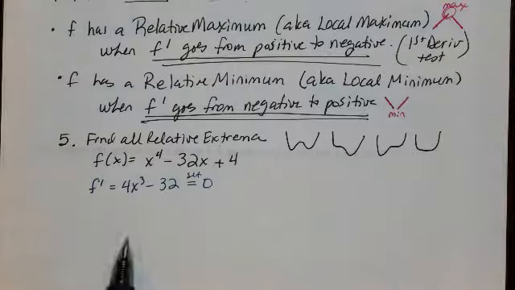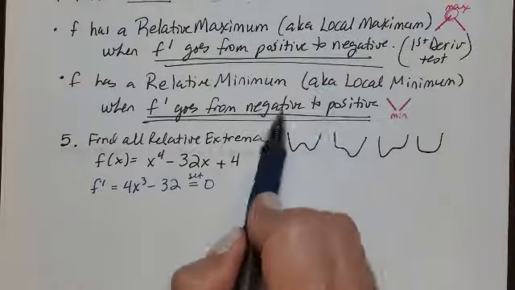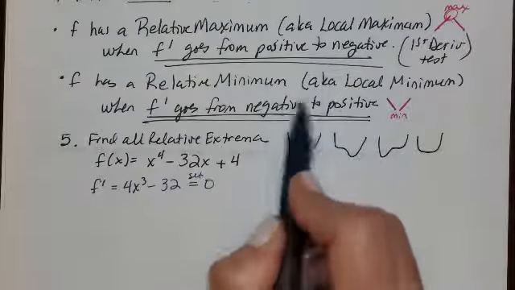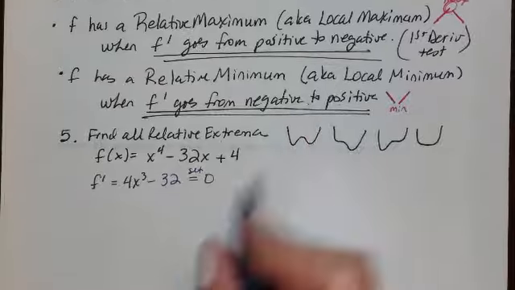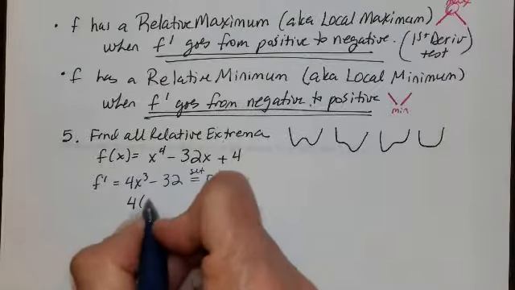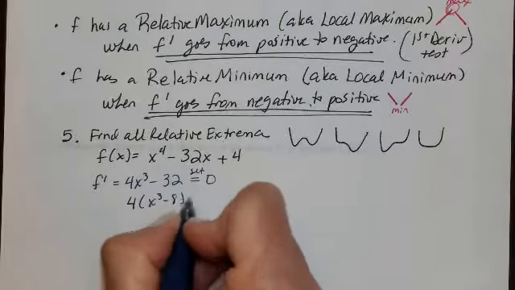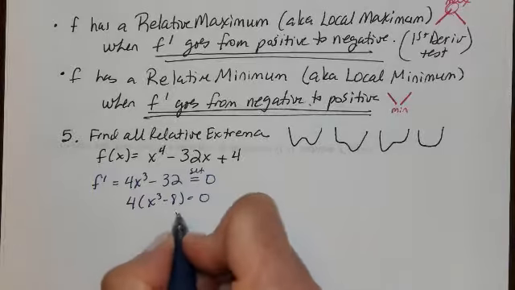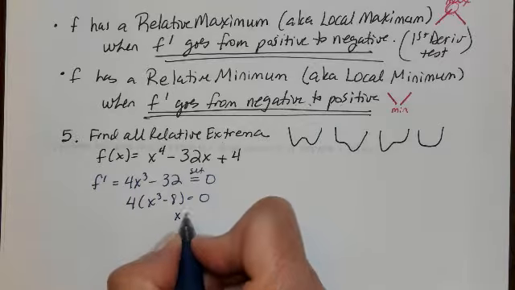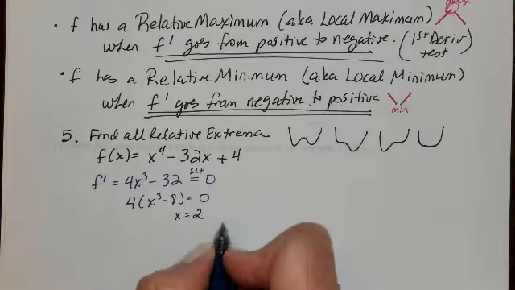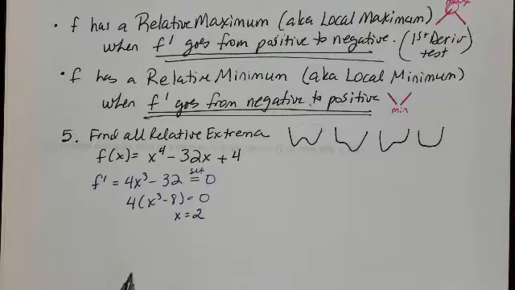We're going to be doing another sign chart here because we want to know signs. Anytime you want to know signs, do a sign chart. I'm going to take out a 4. So then I have x cubed is equal to 8, so x must be 2. So we only have one critical number.